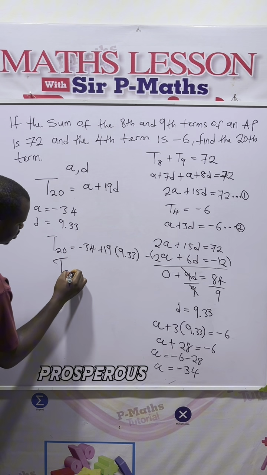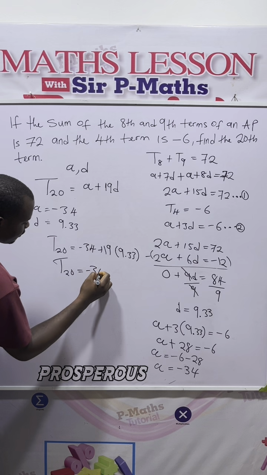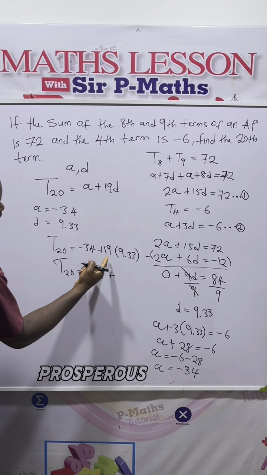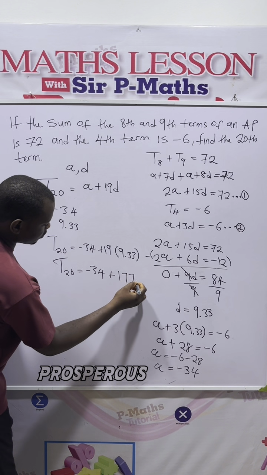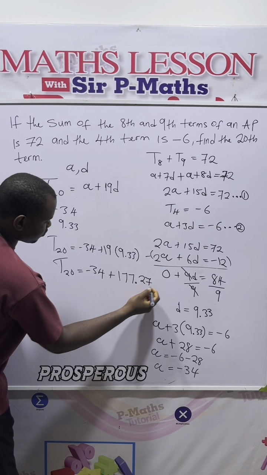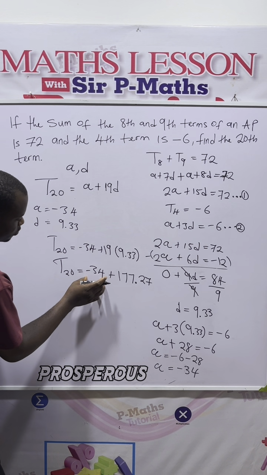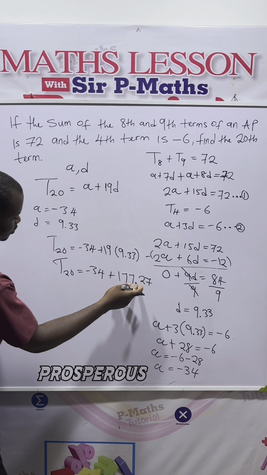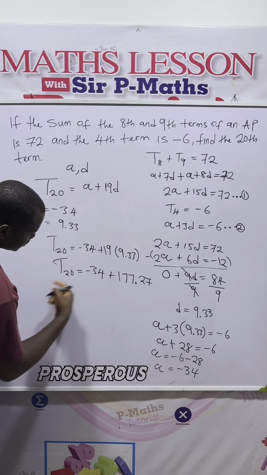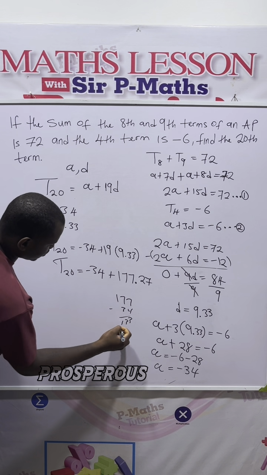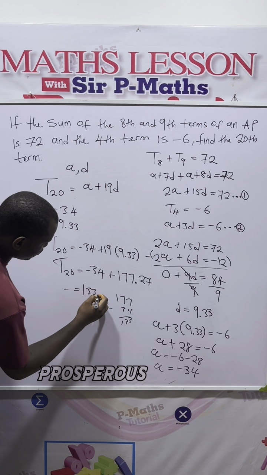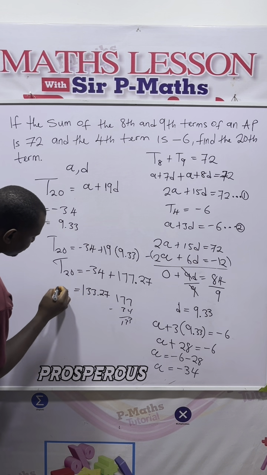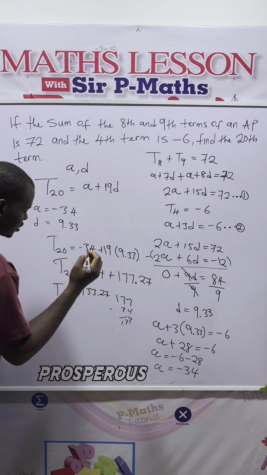Then T20 becomes -34 plus, multiplying 19 and 9.33, that would be 177.27. Now, -34 plus 177.27. 177 minus 34 is 143, so that is 143.27. That's the 20th term. All right.